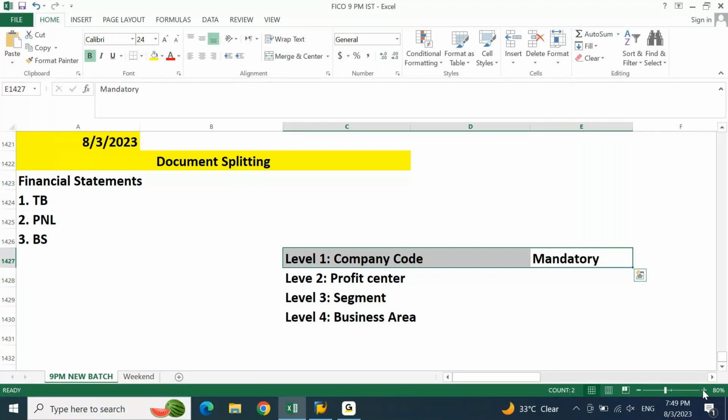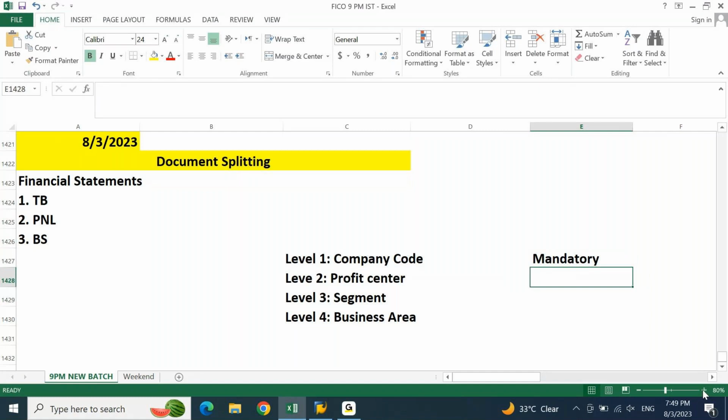Next one, based on the nature of the business that you are doing, you may be expecting to generate separate trial balance, separate P&L, separate balance sheet.